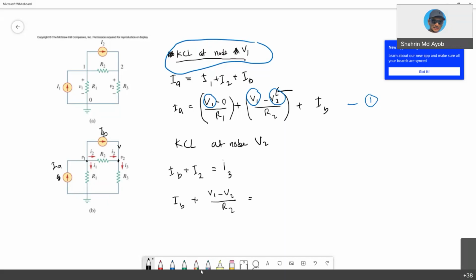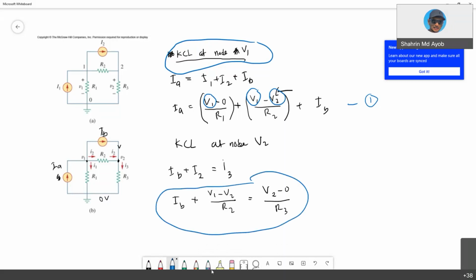I3 is the current flowing from node V2 into zero voltage, so I can write V2 minus 0 over R3. This is your second equation, because you have V1 and V2. So you have two equations, then you use the simultaneous equation technique to get V1 and V2.